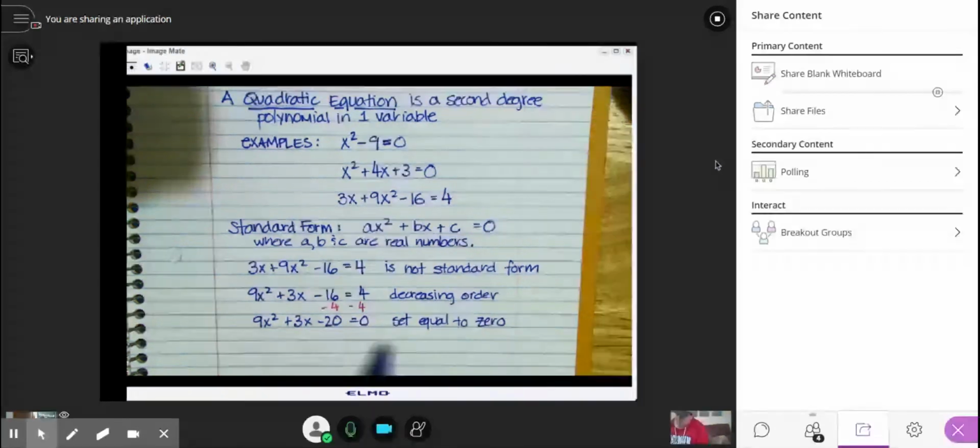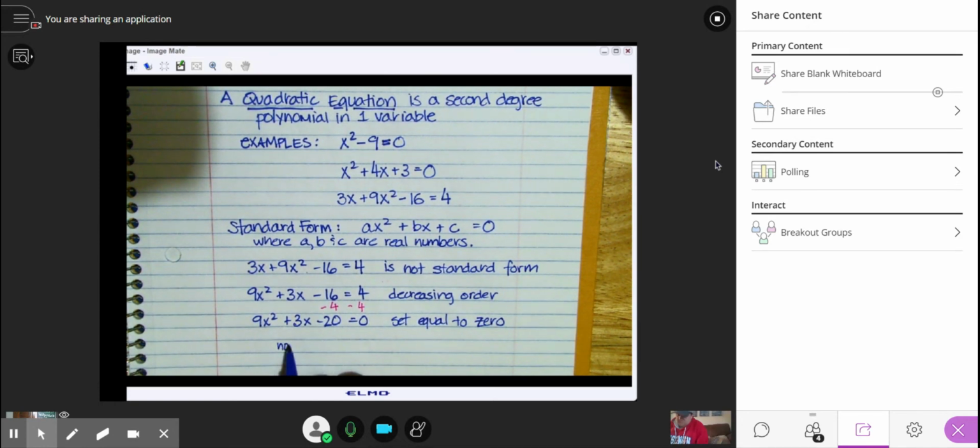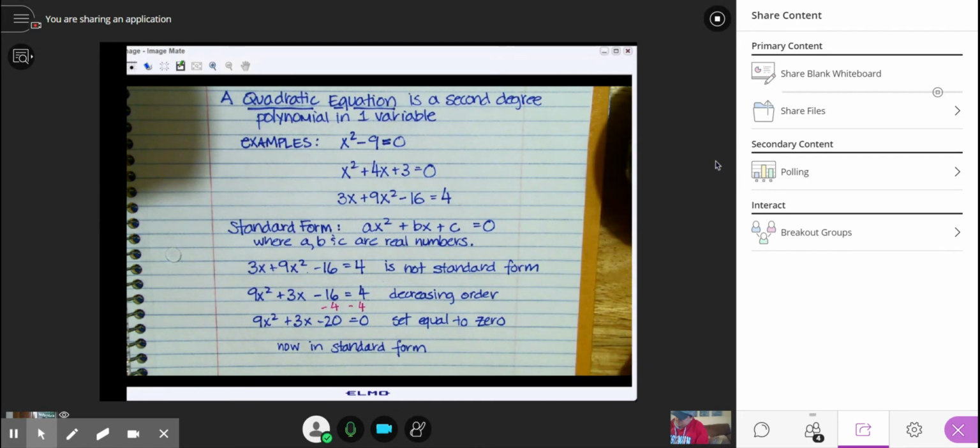Now we're in standard form. So far, so good?